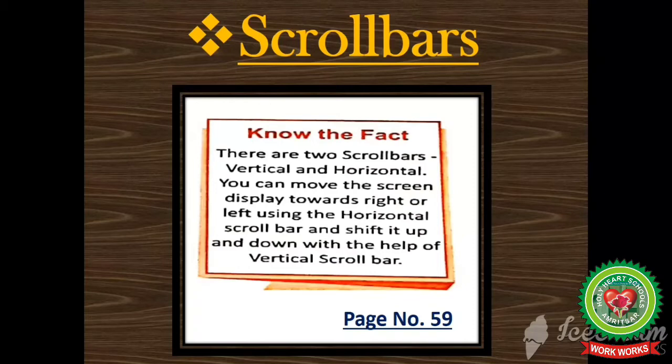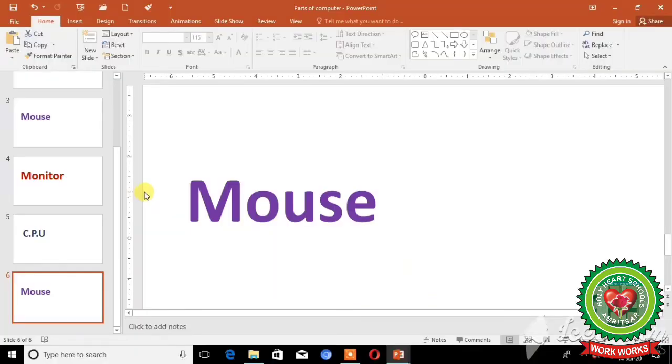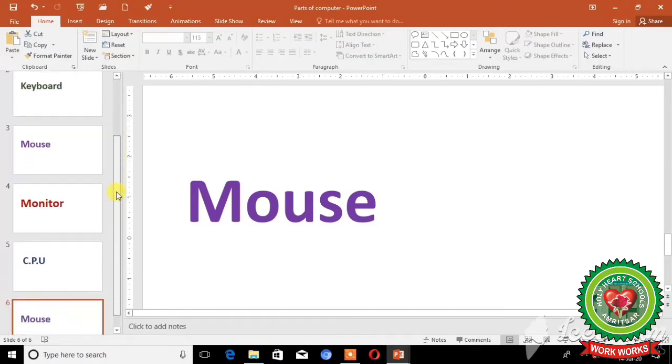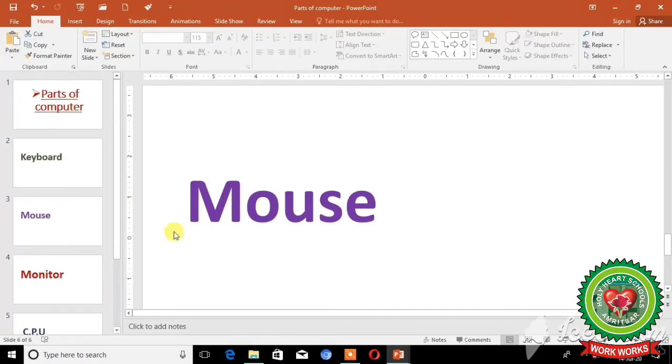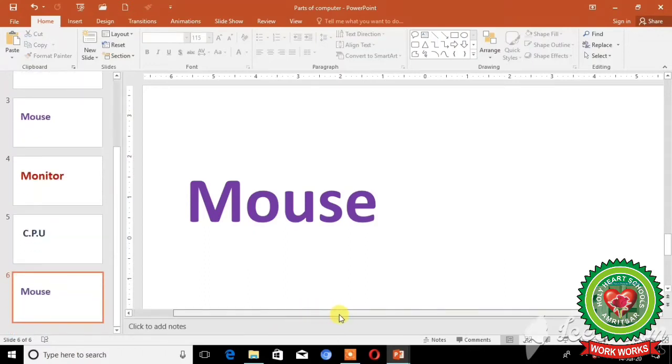So we are having 2 scroll bars, vertical and horizontal. So let's see its practical. So students, here you can see that this is the vertical scroll bar which will move the slides up and down, and this is the horizontal scroll bar which will move the slide left or right.